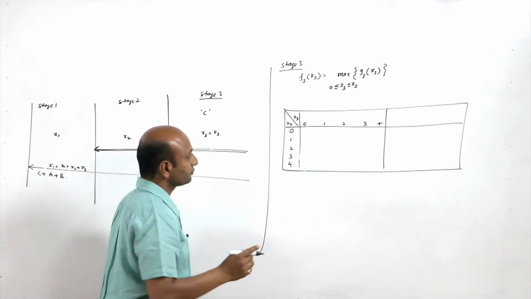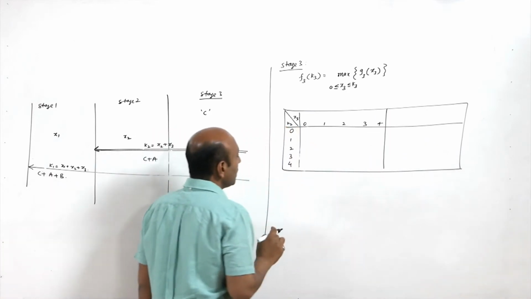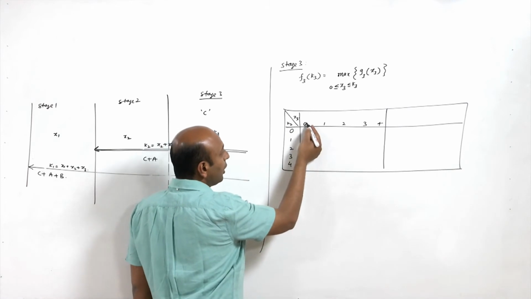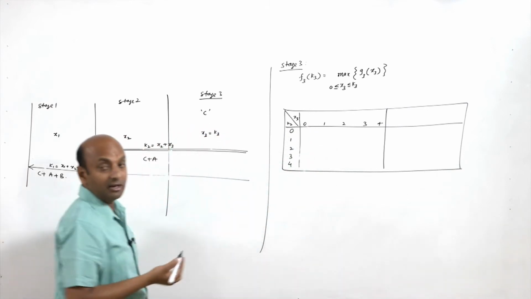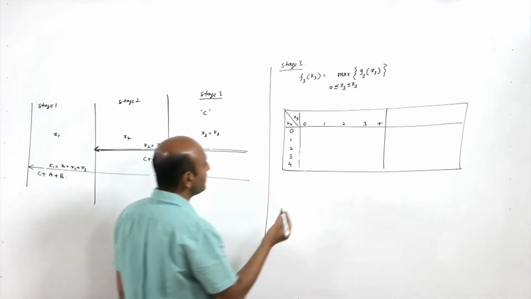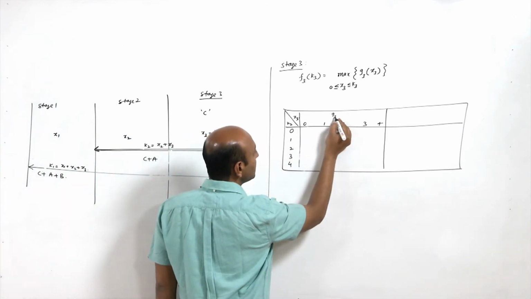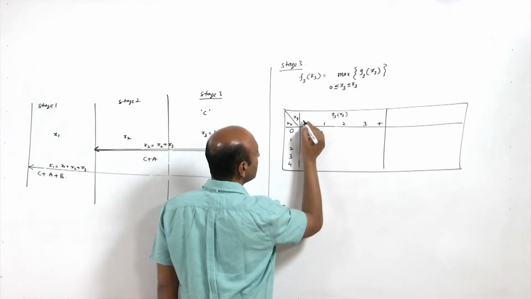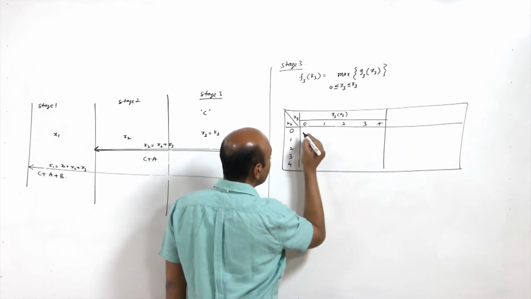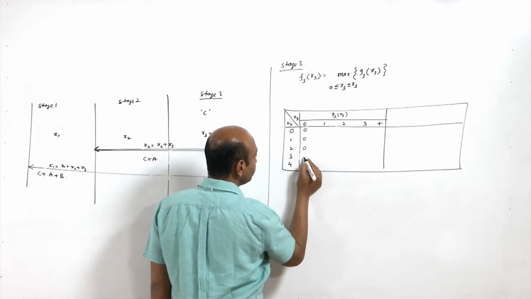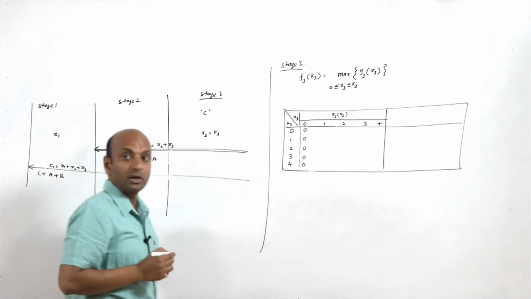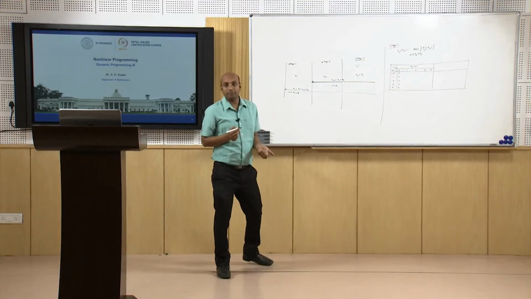Now if no unit is available, of course the return will be 0, so G3 X3 will be 0 if no capital is available.